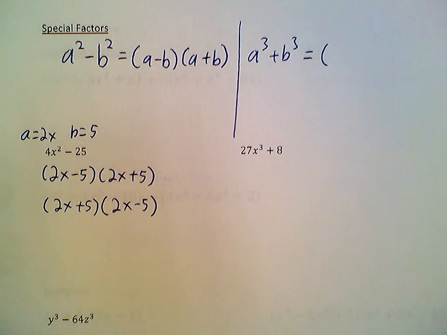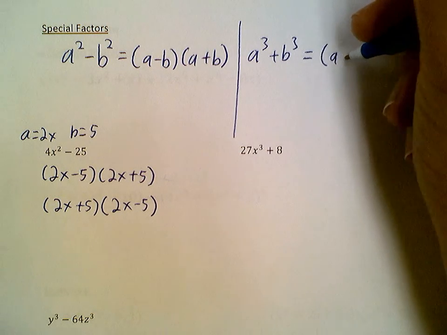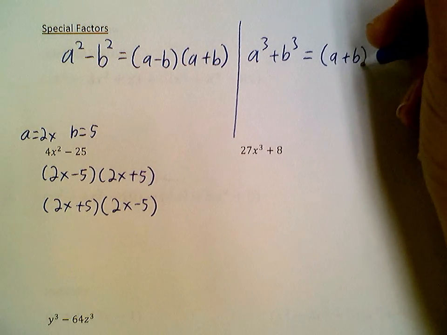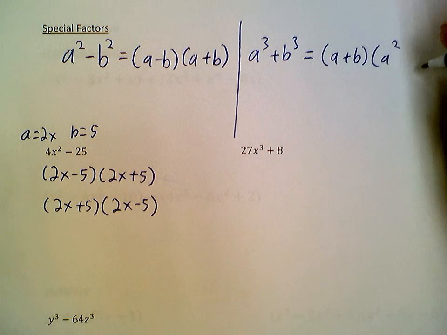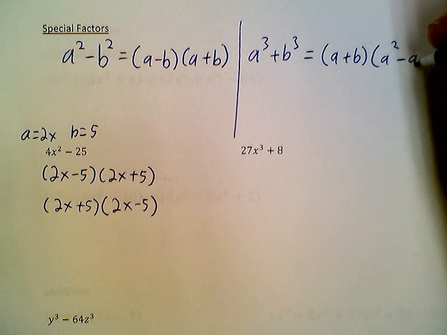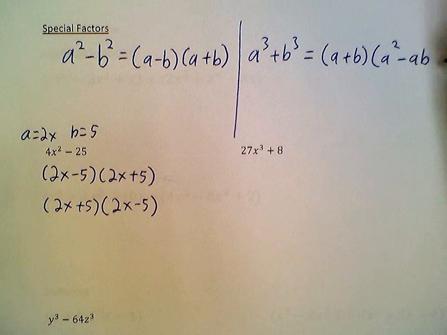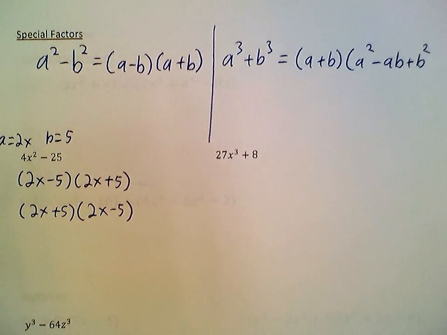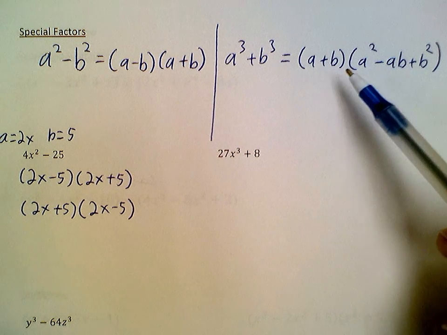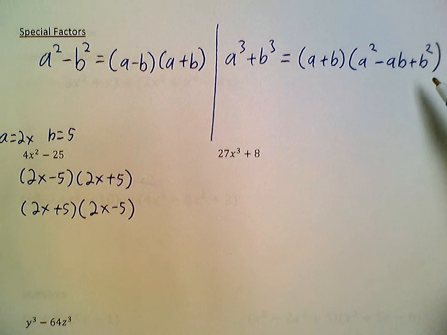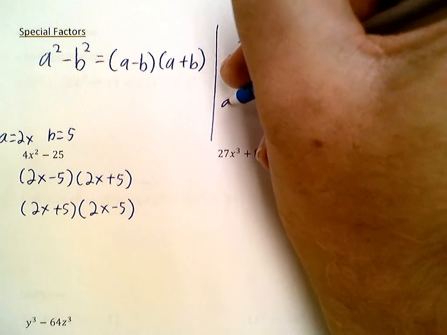A cubed plus b cubed can be factored into a plus b multiplied by a squared minus a times b plus b squared. Right?